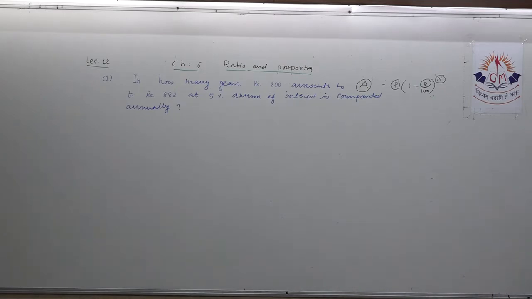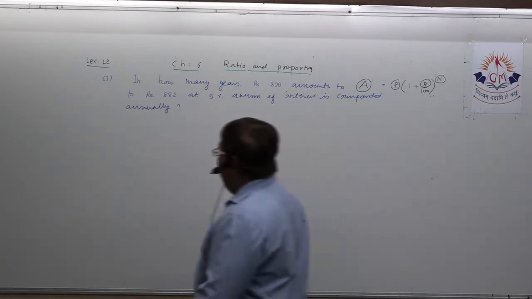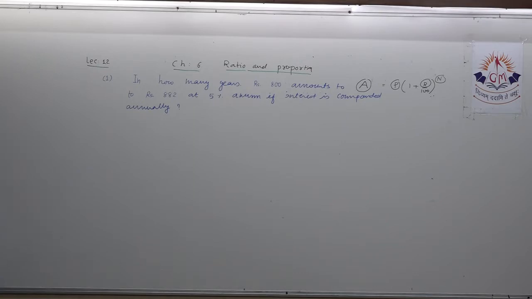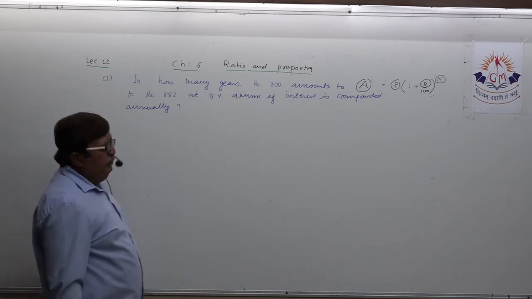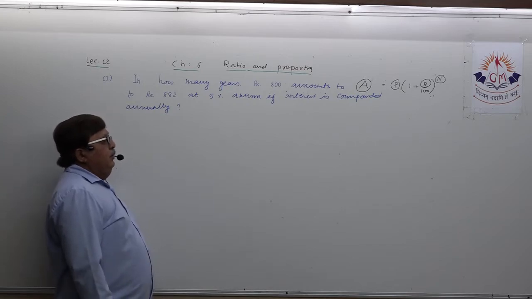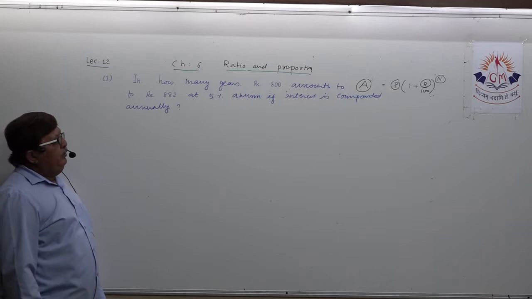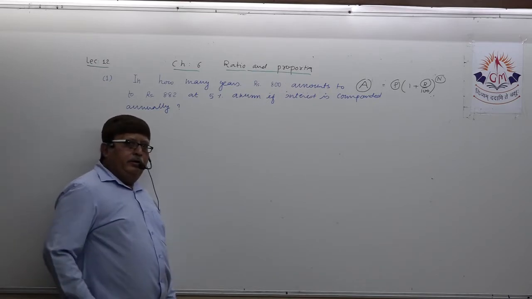Feel comfortable to note down the given question first. The question is: in how many years rupees 800 amounts to rupees 882 at 5% per annum if interest is compounded annually.